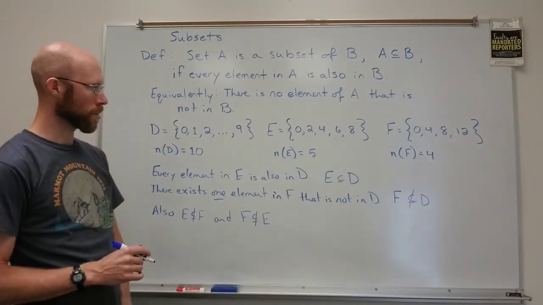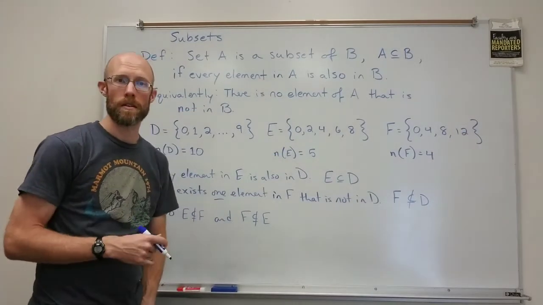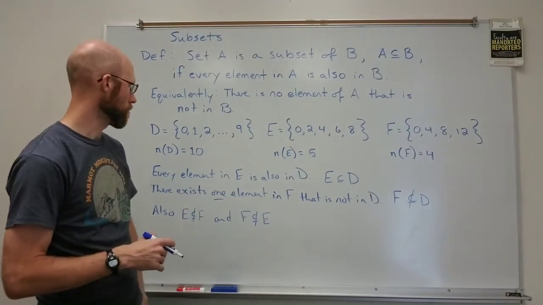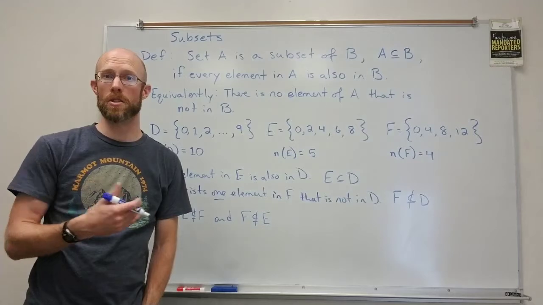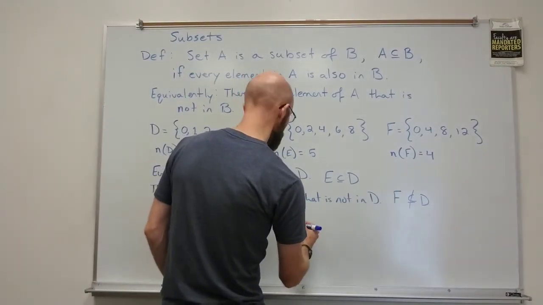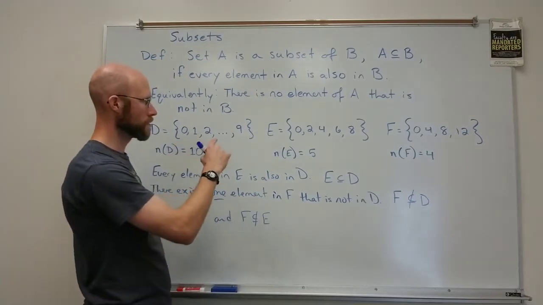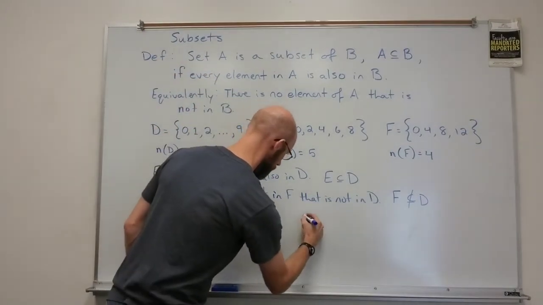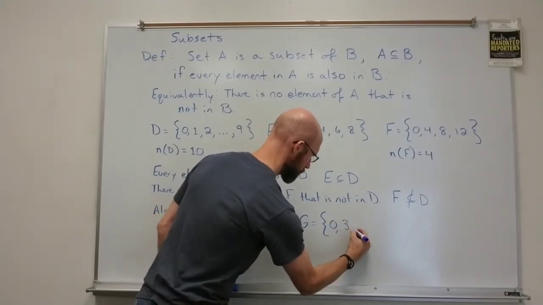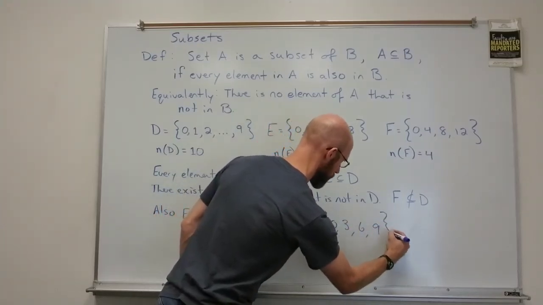Now maybe I could come up with another set that is a subset of D. Maybe I go with all of the digits that are multiples of 3. D, E, F, G. Let's go with G on that one. So let's say G is the set 0, 3, 6, 9.